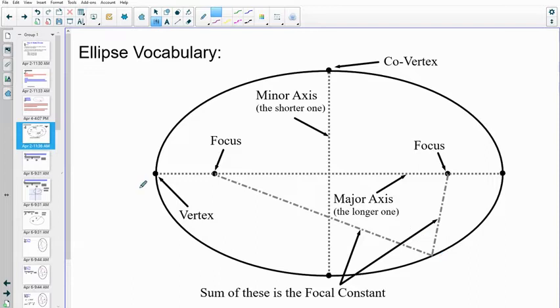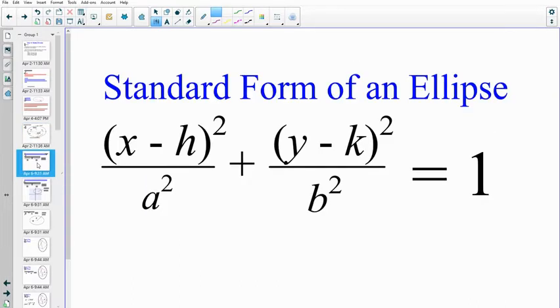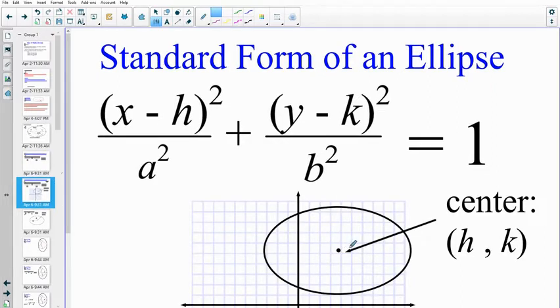We saw yesterday the standard form of an ellipse: x minus the x value of the center squared over something squared plus y minus the y coordinate of the center squared all over something squared equals 1. And if we've got something that's in this form, we saw yesterday that the center of this ellipse is h comma k, again coming from these two values, similar to what we saw with a circle.